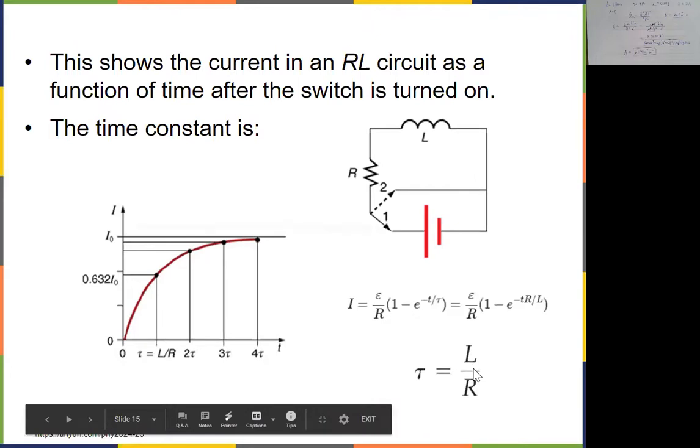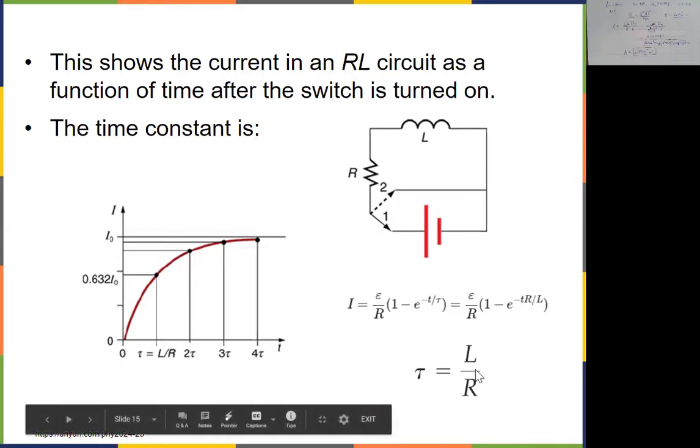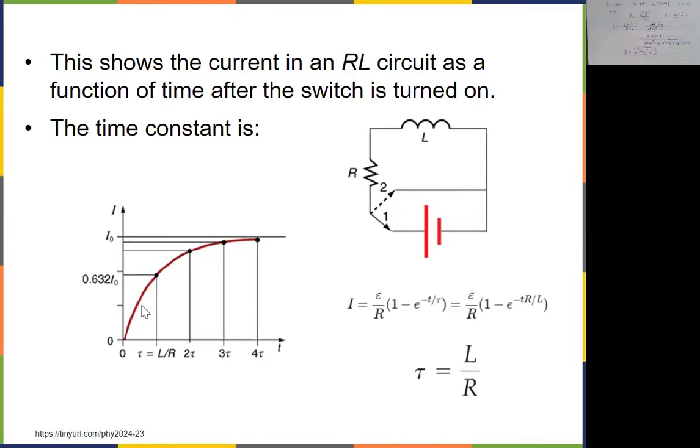For the RC circuit, tau equals R times C; in this case, it's L divided by R. Similarly, you'll see the current goes up and reaches an equilibrium point. Actually, for the RC circuit the current goes down, but in this case your current goes up, so there are differences there.